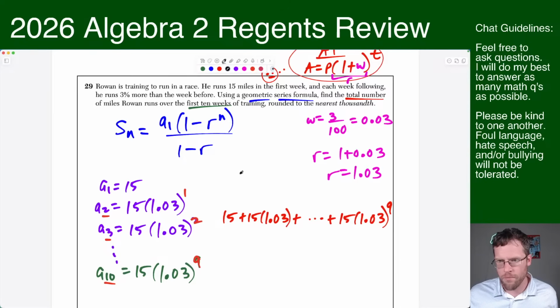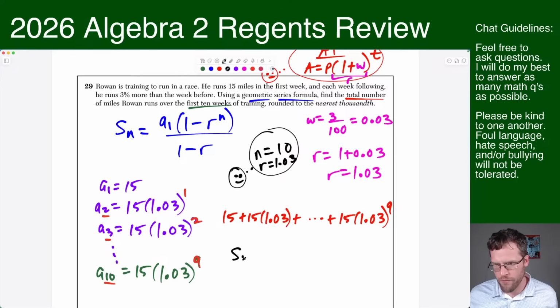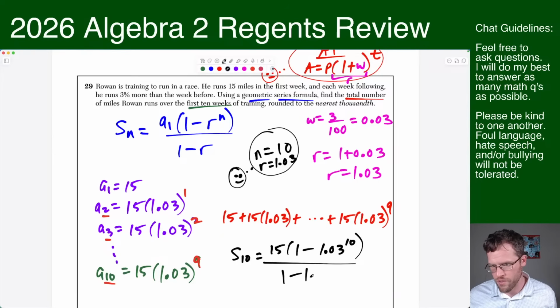So here, what I'm thinking is, all right, n is equal to 10 and r is 1.03. So then the sum of the first 10 terms is a1, my first term, 15, times 1 minus 1.03 to the power n equals 10, divided by 1 minus r, which is 1.03. Okay, and we're rounding to the nearest thousandth. So calculator.